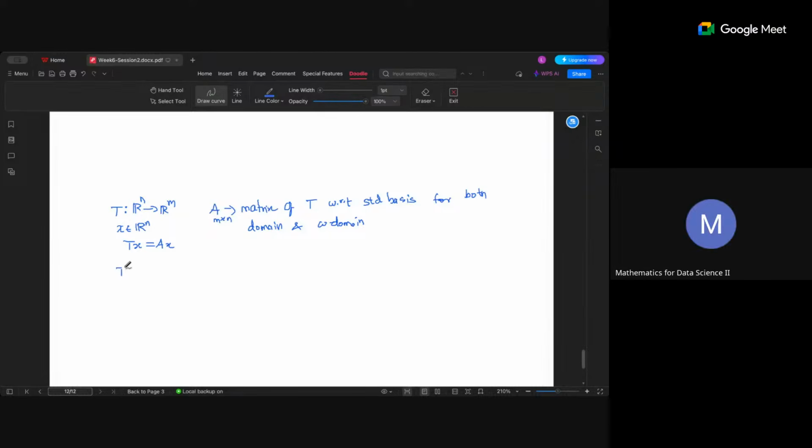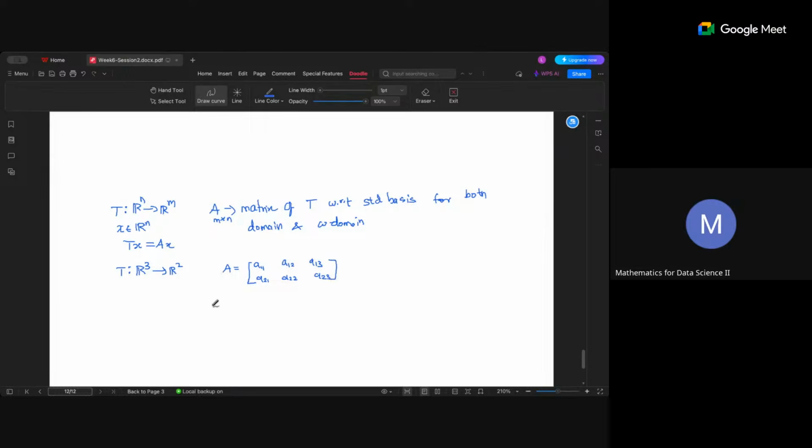So now for simplicity, maybe I will consider something like R3 to R2. So the matrix should have 2 rows and 3 columns, right? M by N. So let's say A11, A12, A13, A21, A22, A23.